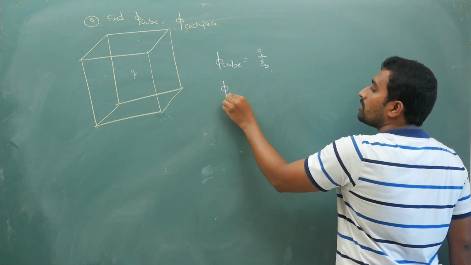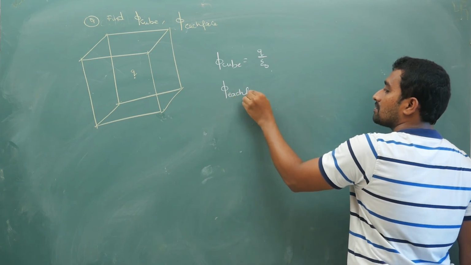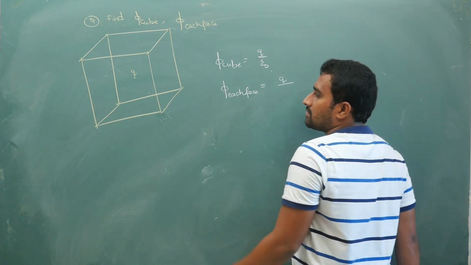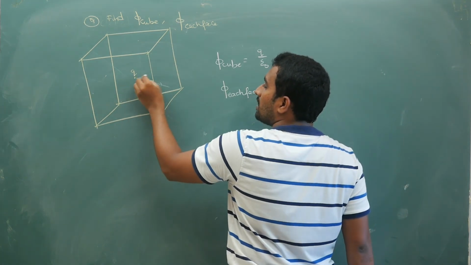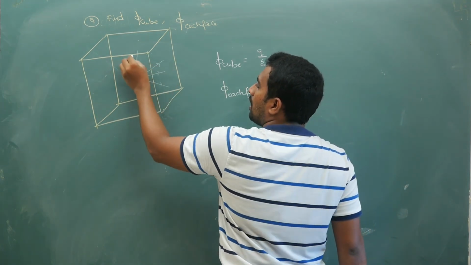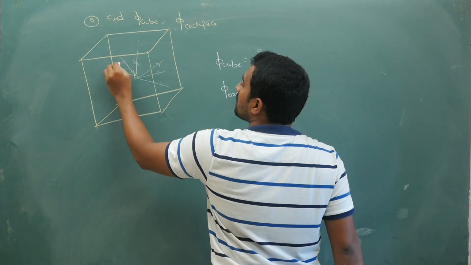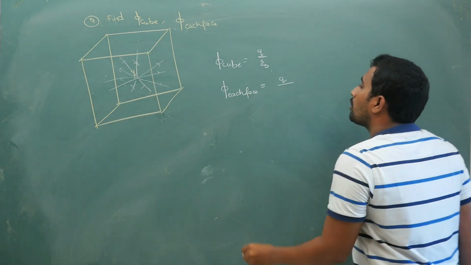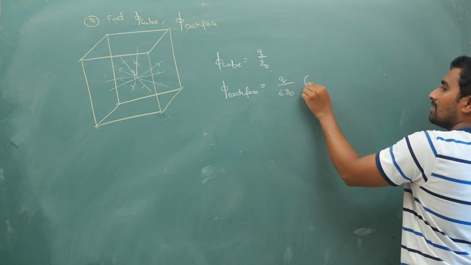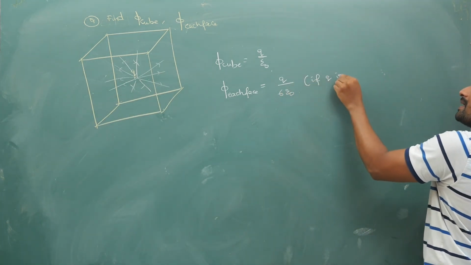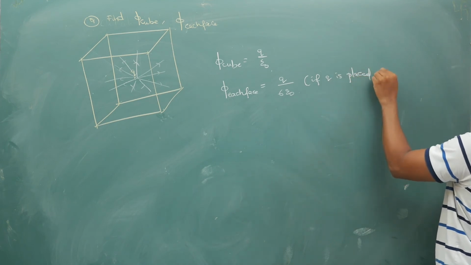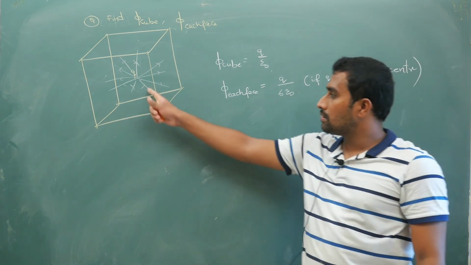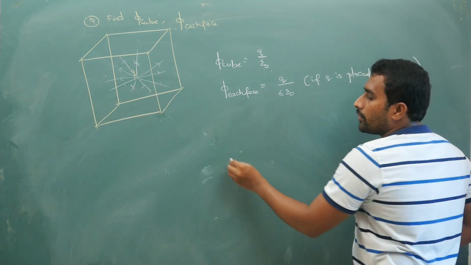Now the flux through each face is q by, there are totally 6 sides, so whatever field lines are produced, all the sides will share equally, so you are going to get q by 6 epsilon naught if q is placed at the center. If you shift this charge q, then that is not going to be the answer.